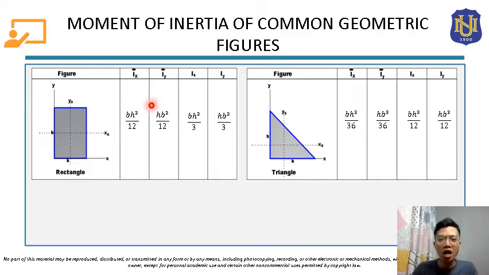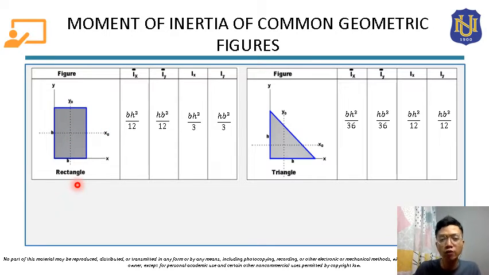Okay, so our x and y centroidal axes: if this is the geometric figure, a rectangle, its centroid is located somewhere here at the center of the rectangle. So the x and y centroidal axes will pass through that point. This will be the location of the x-centroidal axis, and this will be the location of the y-centroidal axis.